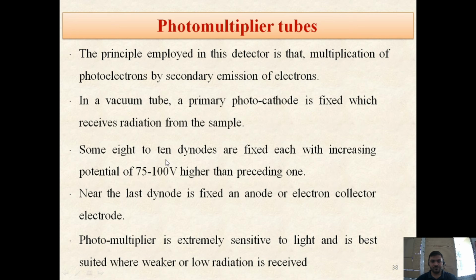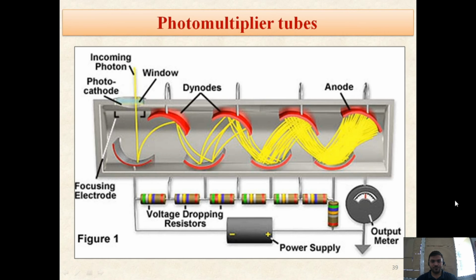Some 8 to 10 dynodes are fixed, each with an increasing potential of 75 to 100 volts higher than the preceding one. Near the last dynode is fixed an anode or collector electrode. The photomultiplier is extremely sensitive to light and best suited where weaker or low radiation is received.